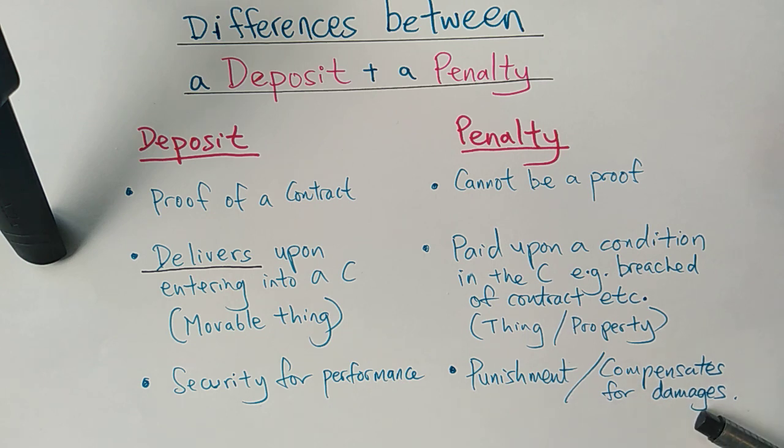If you look at it from the flip side, the view of the person who has been affected, the damaged party who has been damaged due to this non-performance of the condition, the penalty acts as a kind of compensation for the damages that occur.